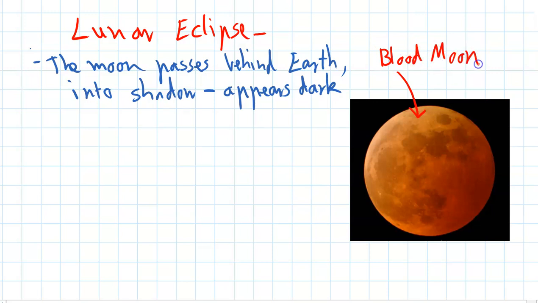And that's just another name for a lunar eclipse. Because of the way that light travels through the Earth's atmosphere, some of the red light can actually bend around the Earth, and so the red light lights up the moon during the eclipse. So for a few minutes, suddenly the moon goes really dark, and then it becomes this weird red blood colour.